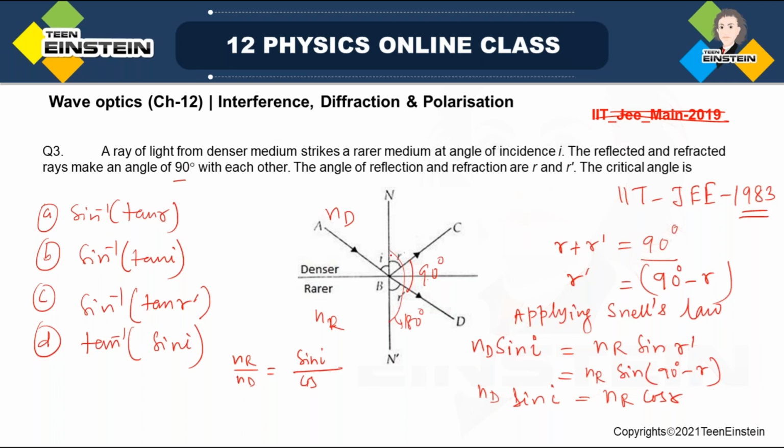See, I and r always will be equal, so I can equivalently write this as cos I. Okay, so you can see that nr by nd is equal to tan of I. Okay, I hope you have got this.